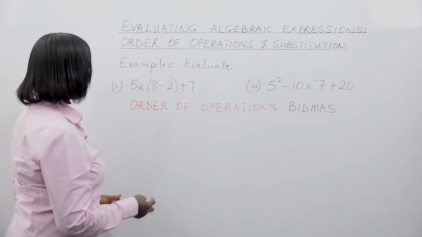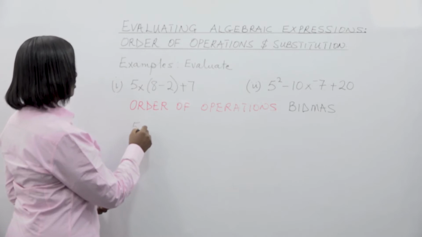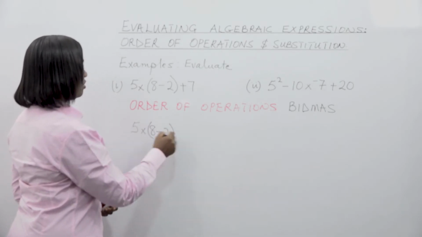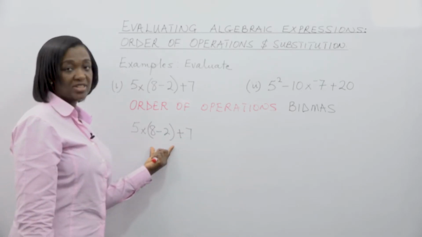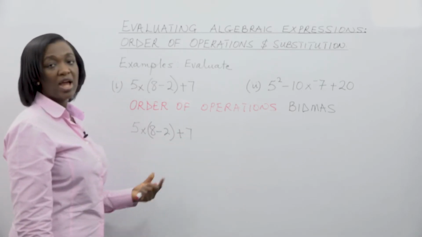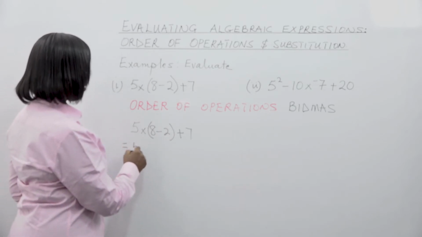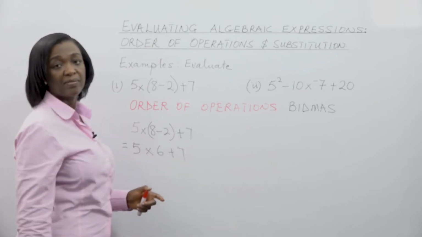So let's try to solve the first one. 5 times, bracket, 8 minus 2, plus 7. So we focus on the bracket first, which is 8 minus 2. And 8 minus 2 is 6. So it becomes 5 times 6 plus 7.